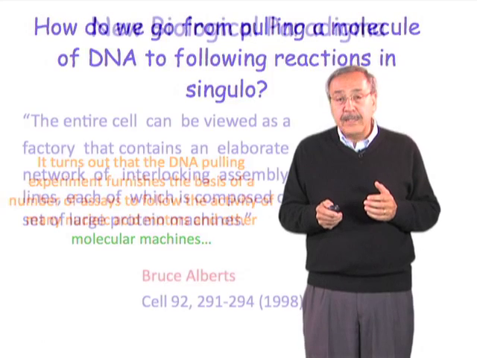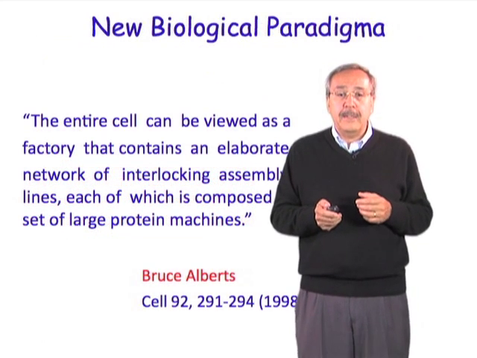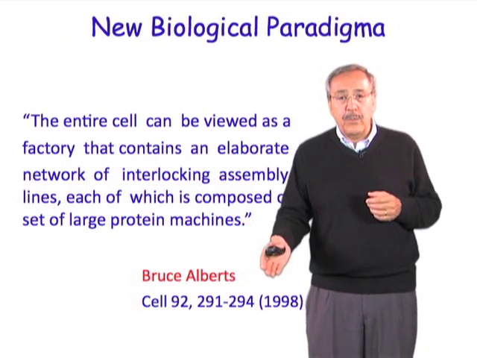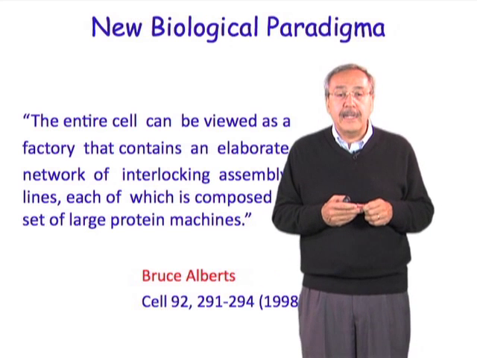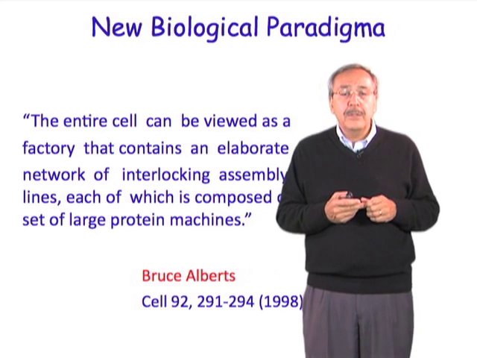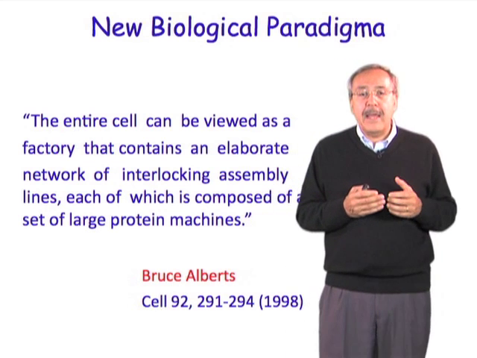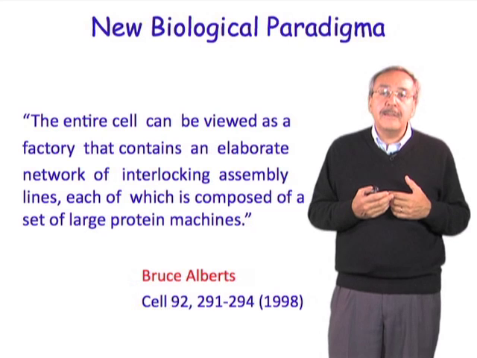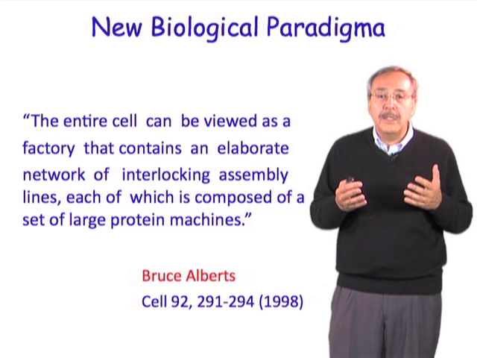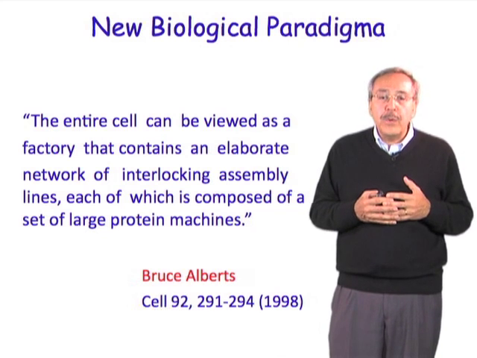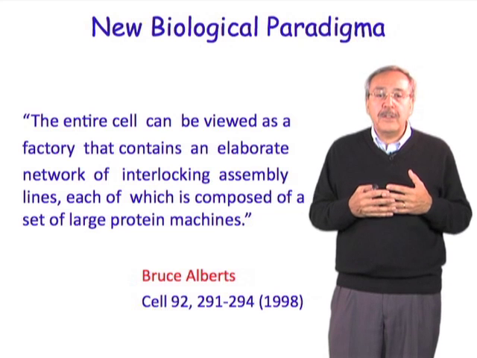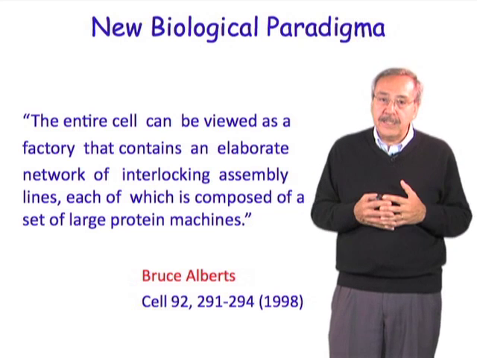Now, in the words of Bruce Alberts, in this quite celebrated paper in Cell in 1998, he pointed out that the entire cell really is better described as a factory that contains an elaborate network of interlocking assembly lines, each of which is composed of a set of large protein machines.